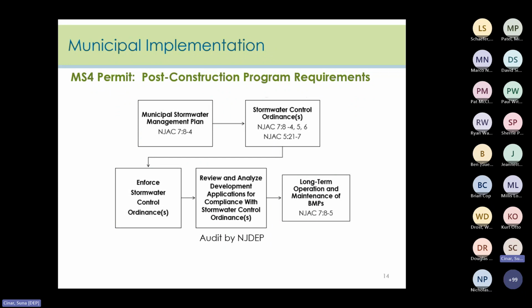At the bottom of the slide, you will see it says audit by NJDEP. In 2016, the MS4 permitting program began performing compliance assistance audits of municipalities to determine how well they are demonstrating compliance with their permit and where they needed help, whether it's with language in the SCO, following the SCO, or other permit requirements. Based on our findings, many municipalities could benefit from this process.